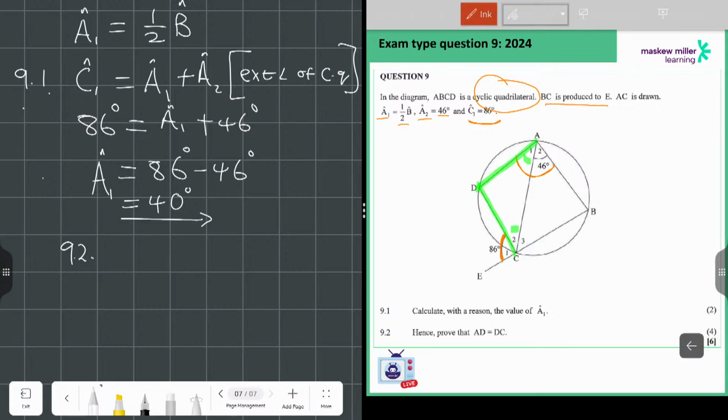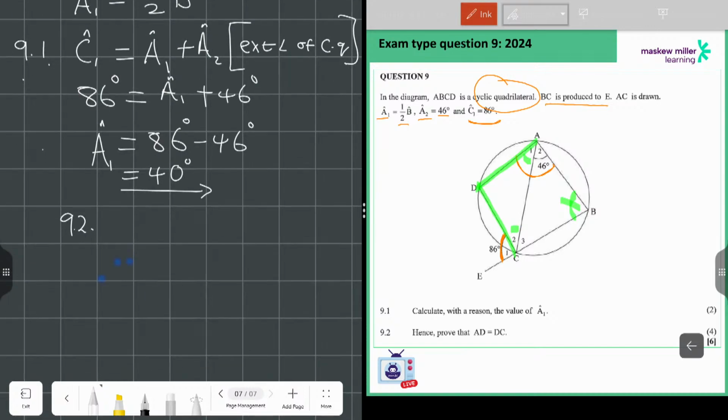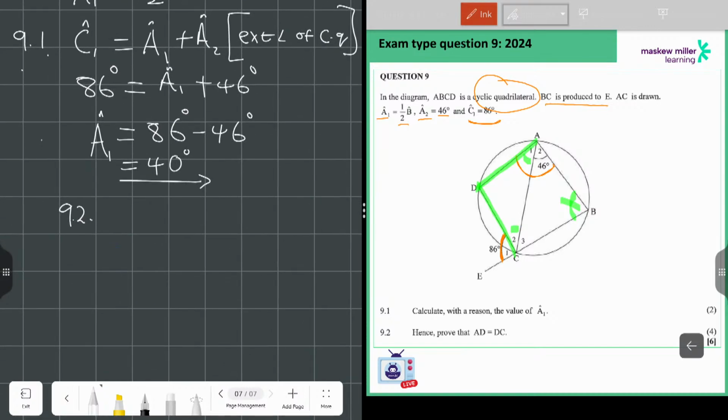So now we have angle A1. We can find whatever we want to find. First, you can find, if you want, the sum of the angles in this triangle. How are you going to do that? You can first find your B angle, because you know that angle B is actually twice angle A1. So you can start there so that we use the information given to us, right?